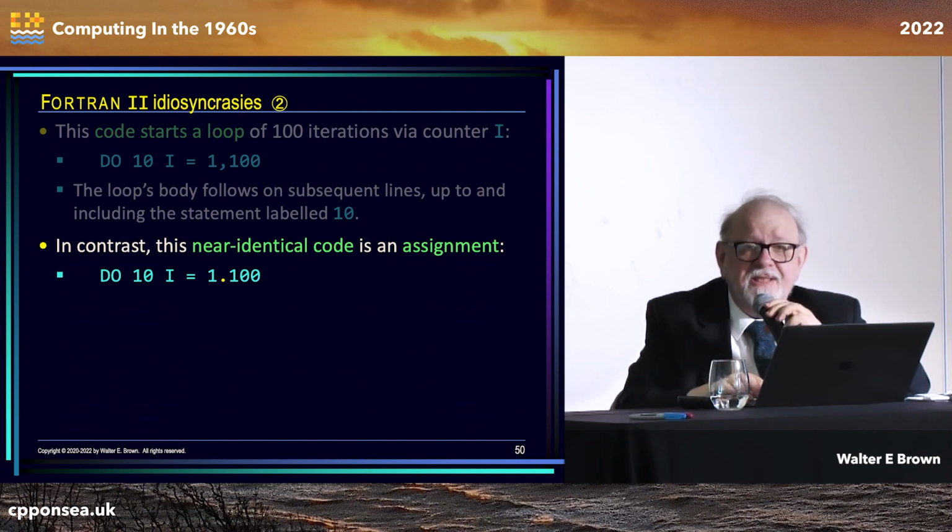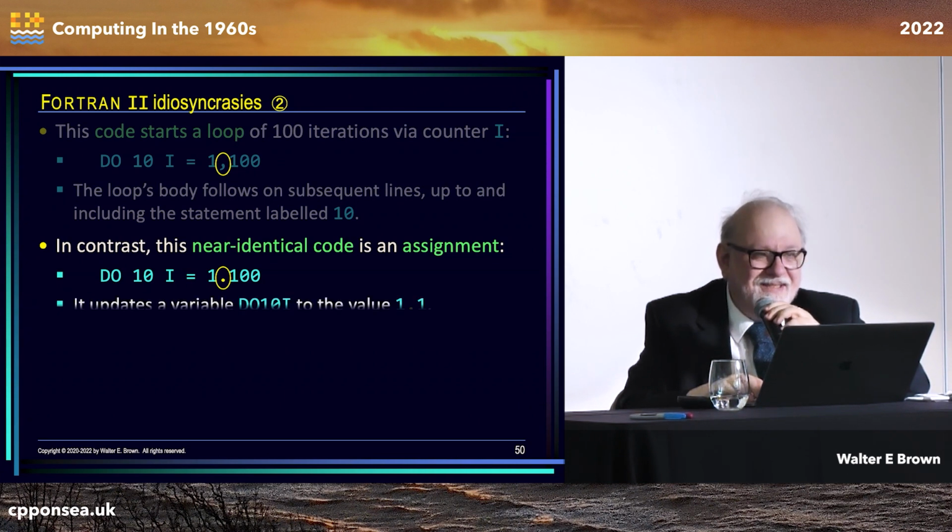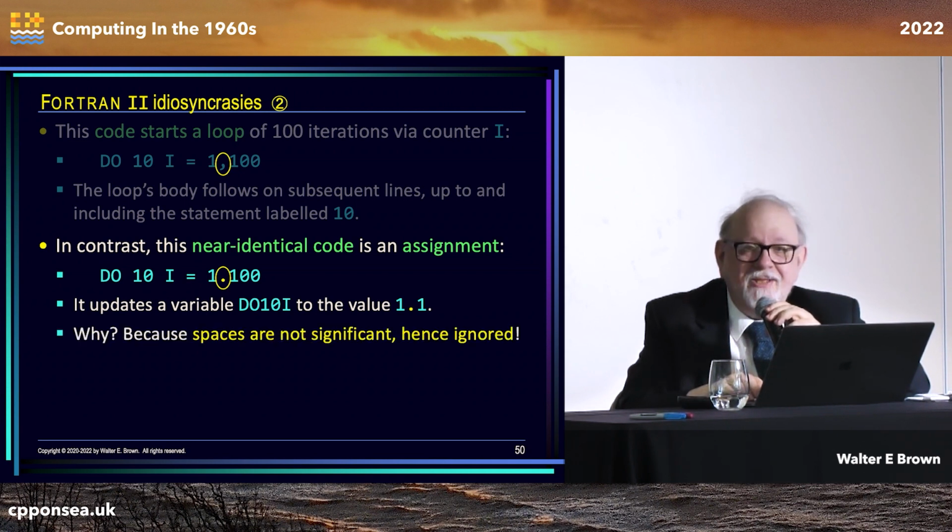Now, this is the same statement, except I've changed one character. This is now an assignment. Huh? Yeah. It updates a variable named do10i, gives it the value 1.1, because spaces were not significant and therefore ignored.